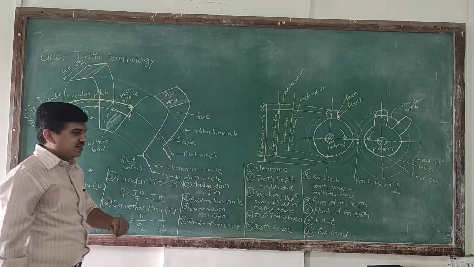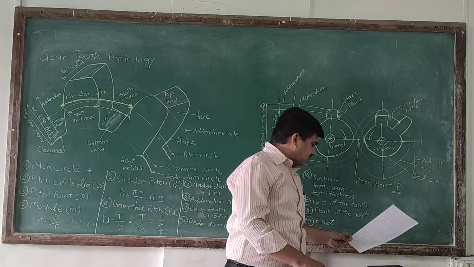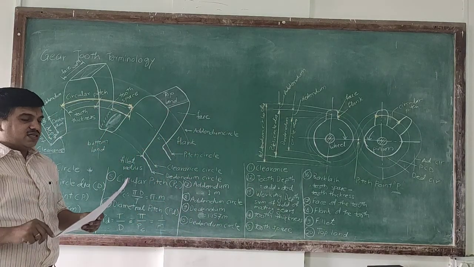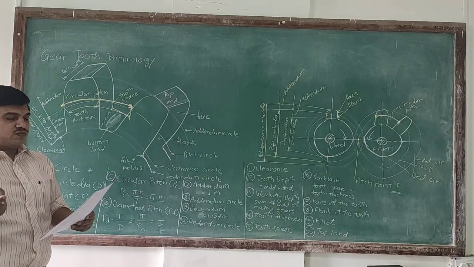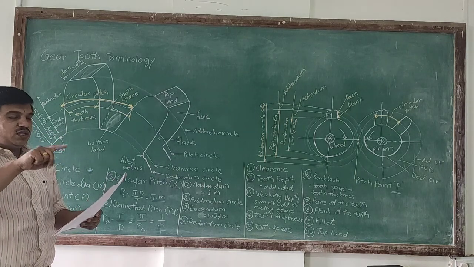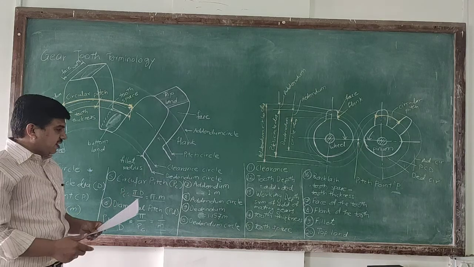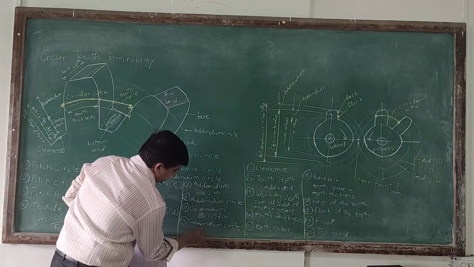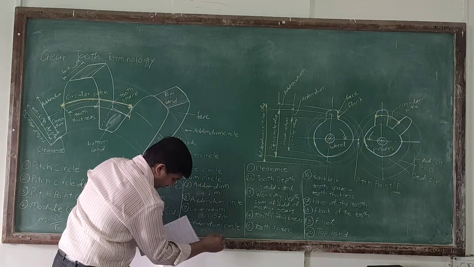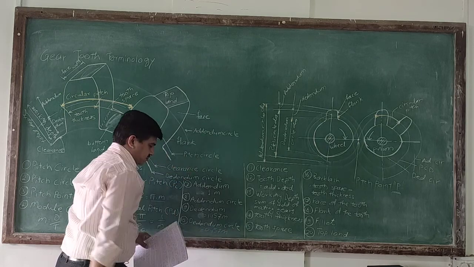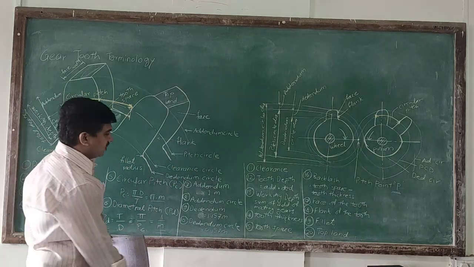Let's see its definition. It is a radial distance between the top of the tooth of one gear to the bottom of the tooth of another mating gear. Its standard value is given as 0.157 module. Sorry, that is the value of clearance.